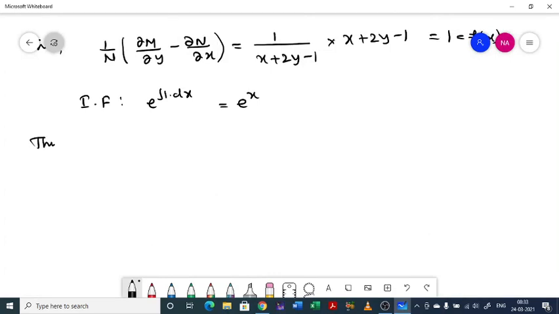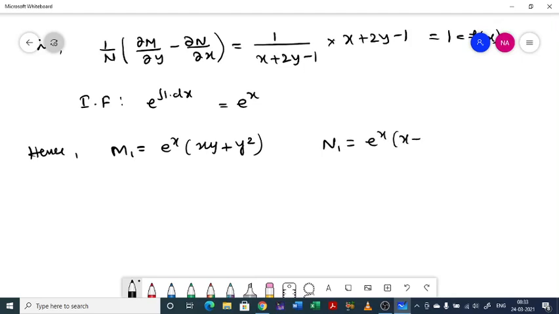Thus, hence, m1 equal to e power x into xy plus y square. n1 equal to e power x into x plus 2y minus 1. So here each term involves e power x.